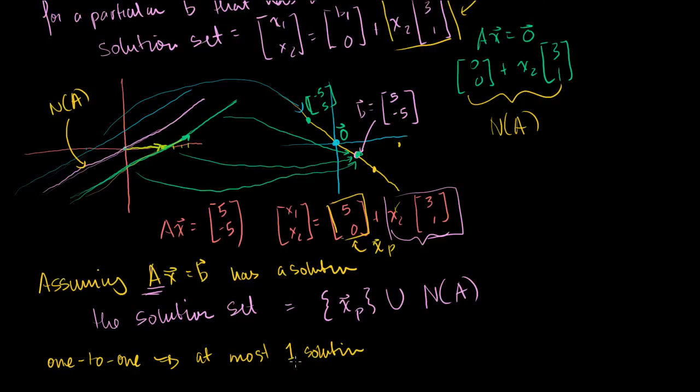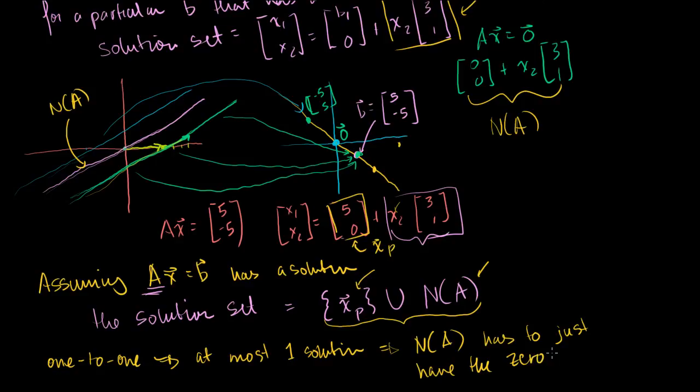So in order to have at most one solution, and the solution set is always going to be equal to this, your null space can't have anything in it, or it can just have the 0 vector. So that means that the null space of A has to be trivial, or just have the 0 vector.